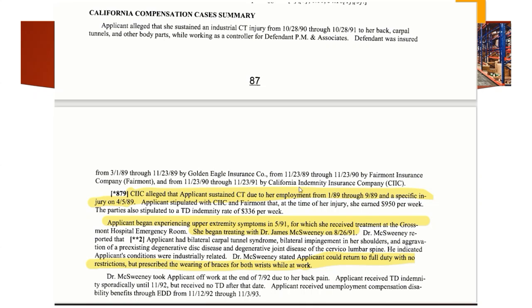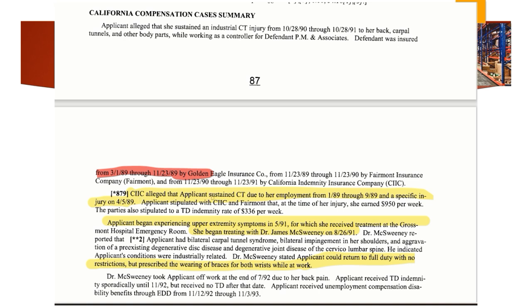this cumulative trauma injury. So CIIC alleged that the applicant sustained CT due to her employment from 1/89 to 9/89, thereby putting it, let's get a highlighter here, thereby putting it within the liability period right here of the first insurer, which is Golden Eagle Insurance.